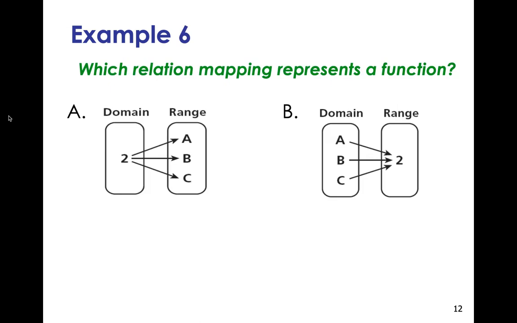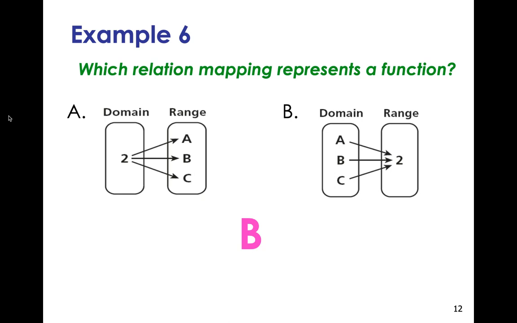Try it again. Take a look at example 6. Which do you think is a function, A or B? Hopefully you said option B. Here again, we are looking at the x values. Again, it's not labeled x and y, but we talked about the vocabulary. X means the domain, range is the y, and so each domain should only have one arrow.